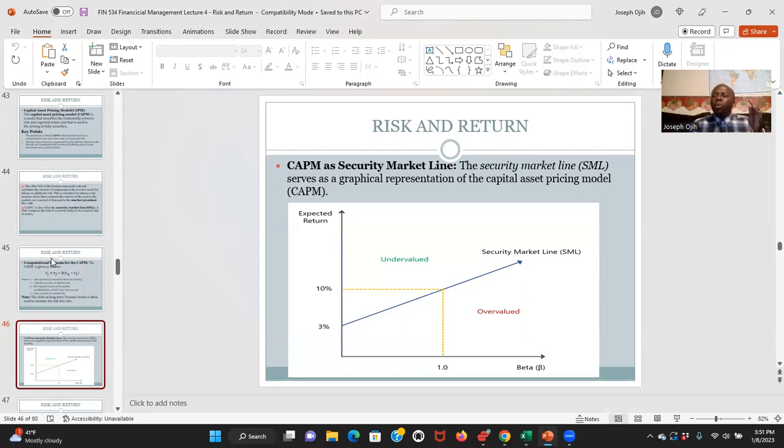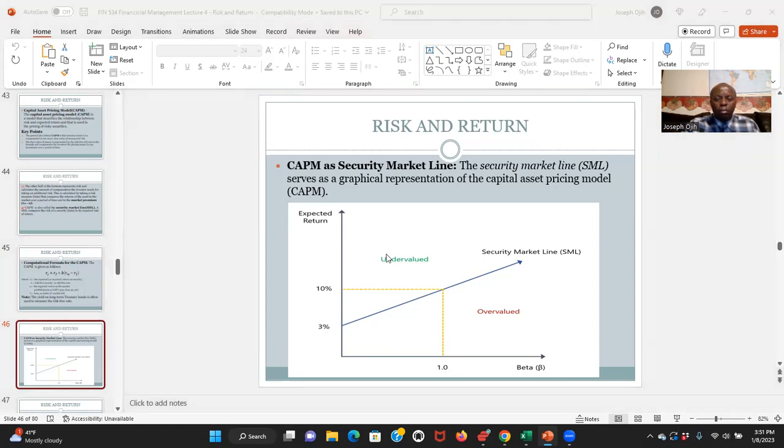It is a graph that represents the capital asset pricing model. What I'm trying to say is that the security market line serves as a graphical representation of the capital asset pricing model. And it looks like this. I'm sure you can see it. So this is the line right here.